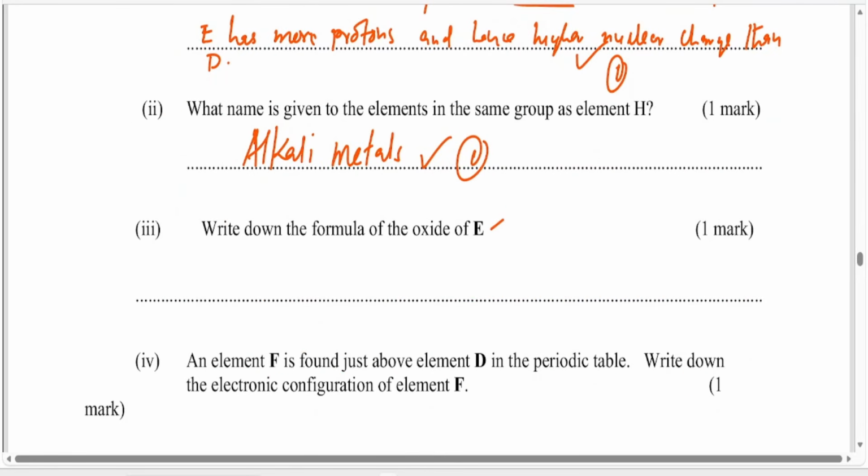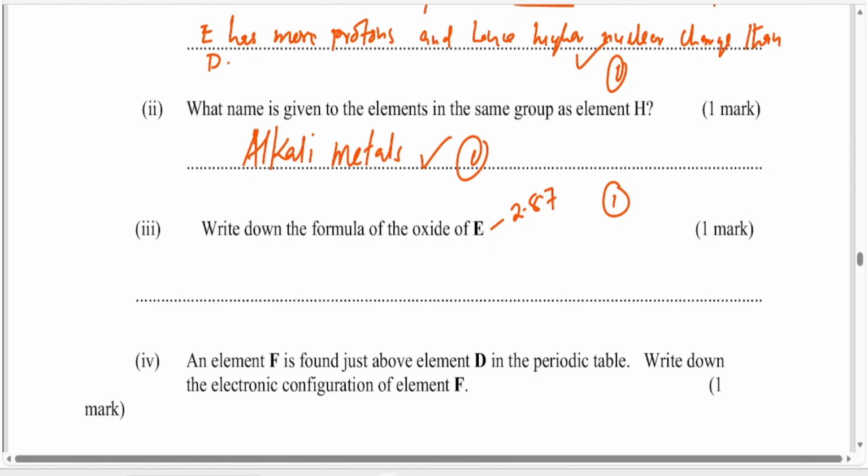So E 287, meaning its valence is 1. And we are looking at the formula of its oxide. So the oxide of E, we do not use the valence 1. The most stable one is usually the one that uses the valence being 7.